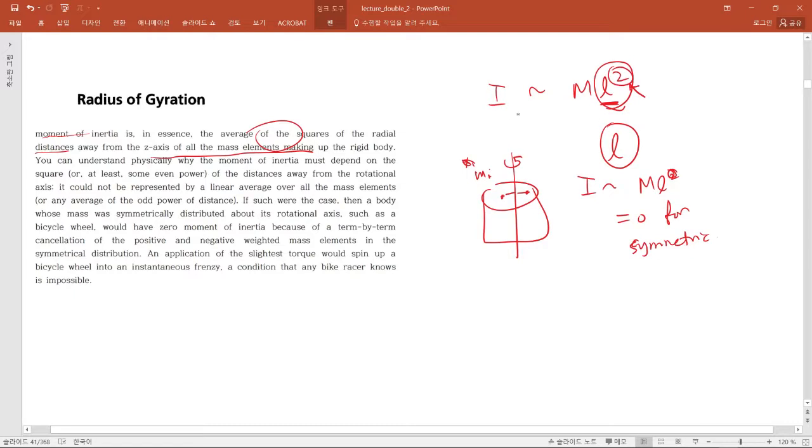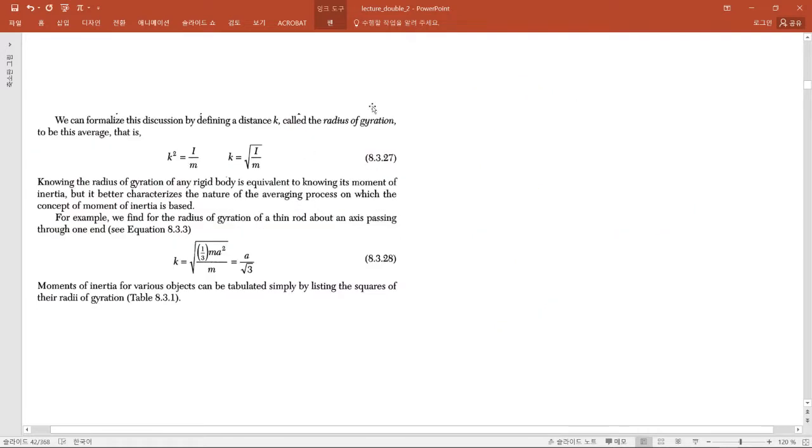The radius of gyration is defined by I equal to m k squared, on the average. This is the average mass times distance squared. So here the radius of gyration is defined to be k, with I equal to m k squared.